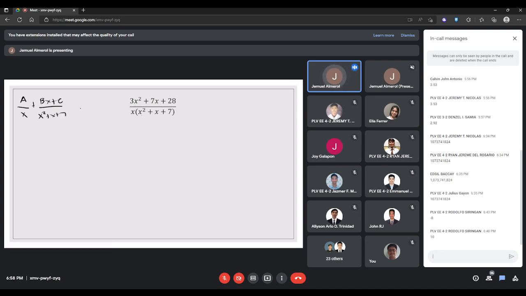So, that is your breakdown partial fraction. Okay? Then, our LCD is obviously this. So, we have A times X squared plus X plus 7, then plus BX plus C times X equal to the right side, X squared plus 7X plus 28.